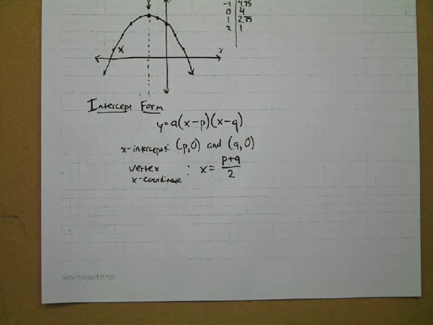Okay, so let me just do, I want to do something not too crazy. Let me do a real quick example here. So let's say we've got like y equals (x plus 3) times (x minus 1). Okay. Well, if you look here, x plus 3, that means our p is going to be what number?